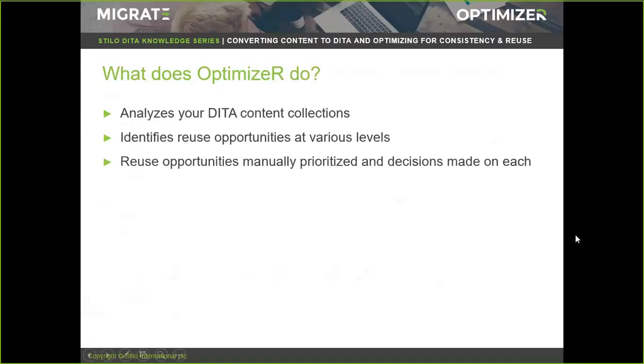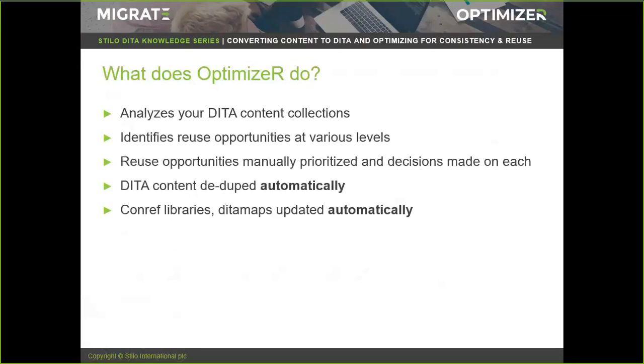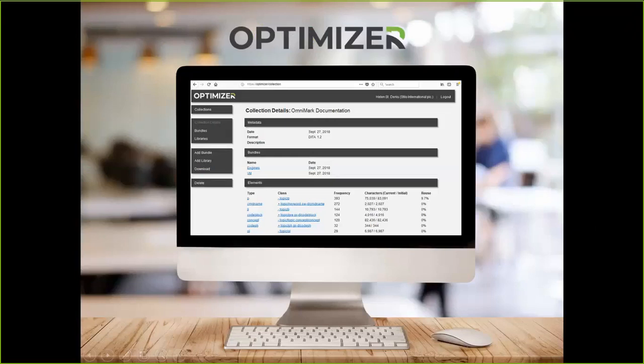But this is the key, that DITA content will be deduped automatically once you've made those decisions, and conref libraries and DITA maps will be updated automatically as well. So this actually makes the whole process much more manageable. At the end, we provide these summary change reports and generate those. So without further ado, let me hand over to Helen again to talk you through Optimizer. So we'll assign control to Helen.